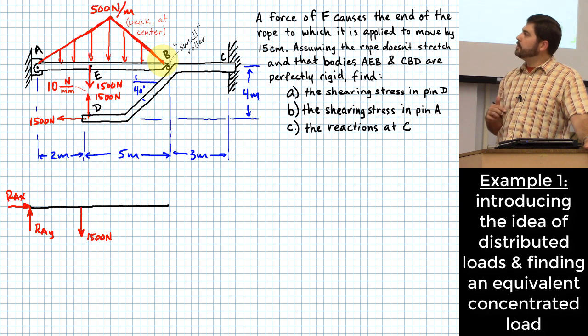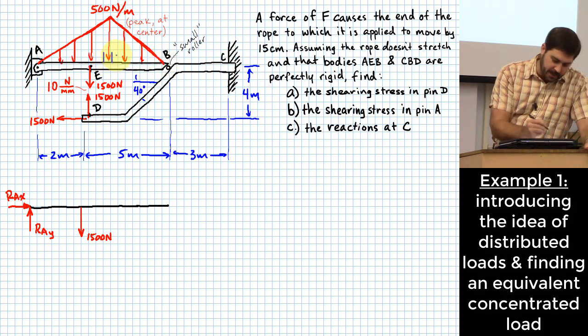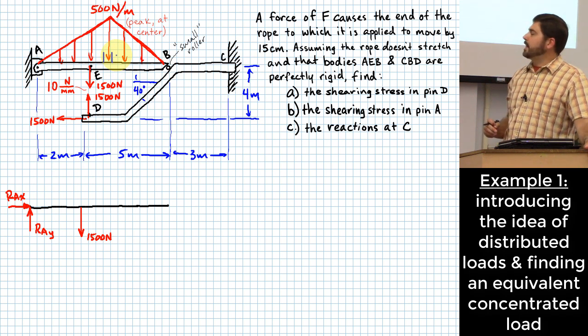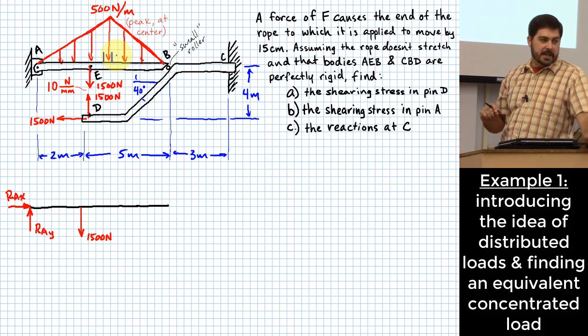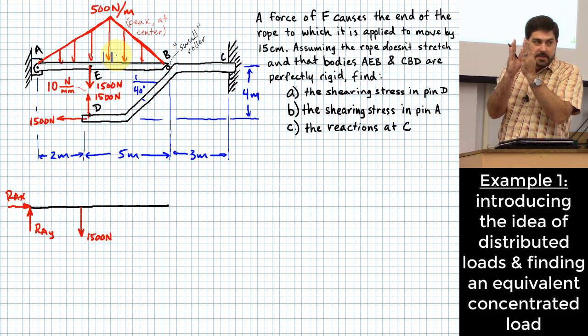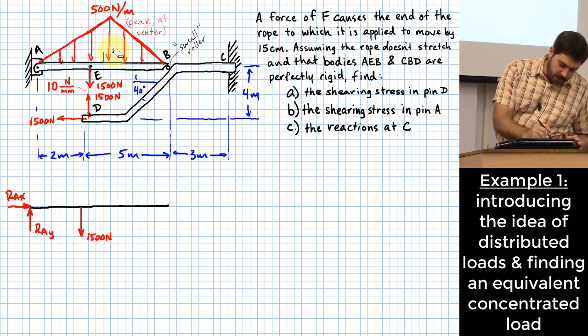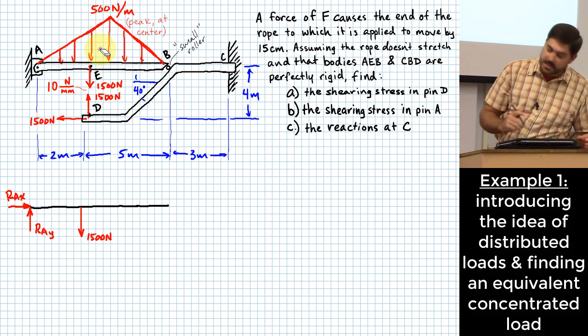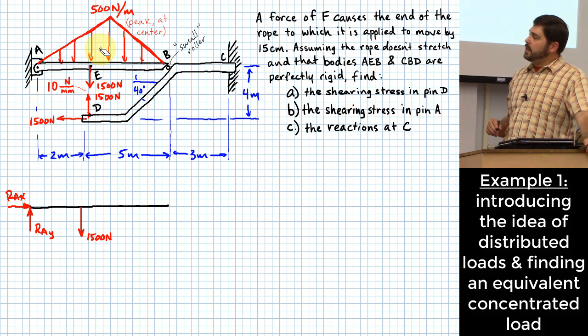So if you could slice out a tiny little length right here, then over that little length I could take my force per length and multiply by that little length, and I could get a reasonable idea of how much force is applied just in that little slice, right? So I mentioned a second ago, we're going to do this in a lot closer detail, but what do you think you might be able to surmise if the shape of this distributed load is symmetric?